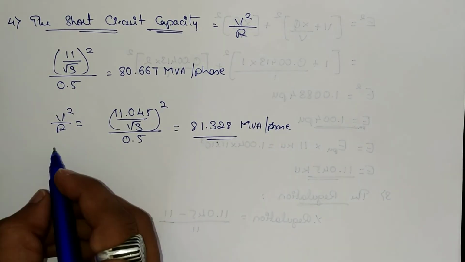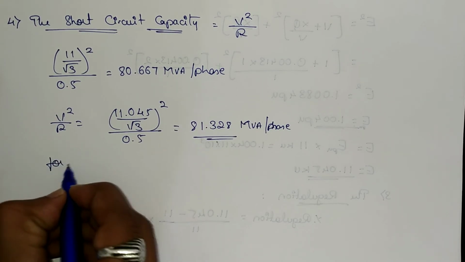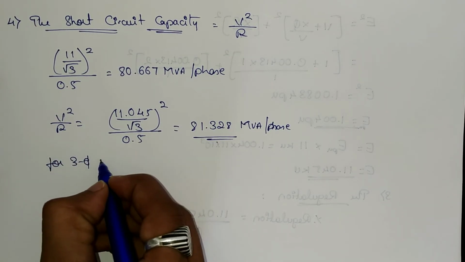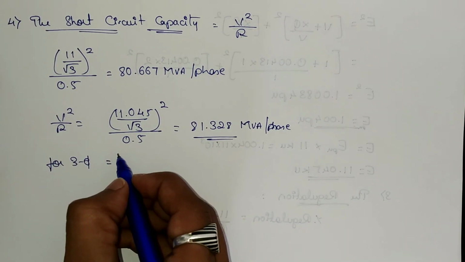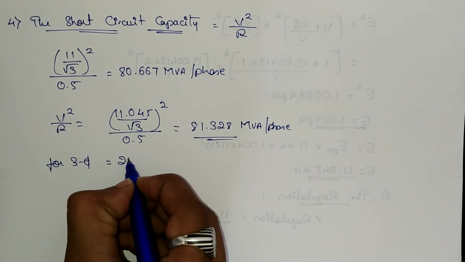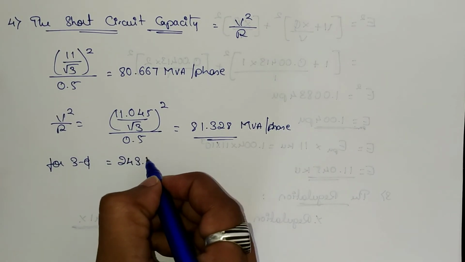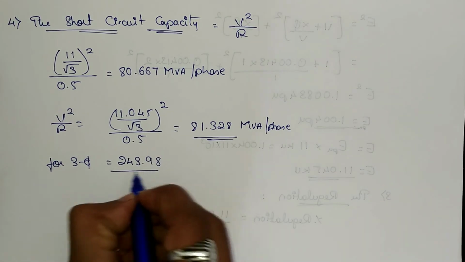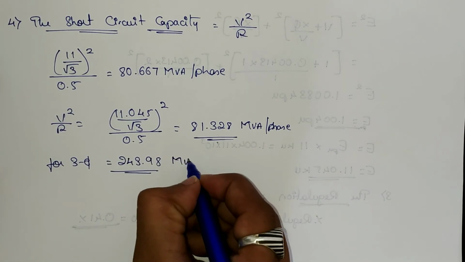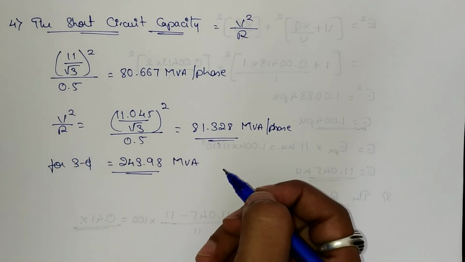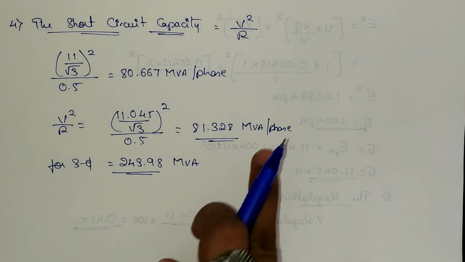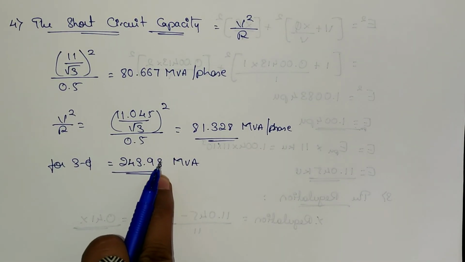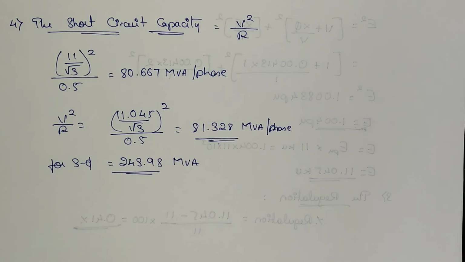This is per phase. For 3 phase, the short circuit capacity would be 243.98 MVA. Okay, this is for per phase and this is for the 3-phase system. This is the solution for the problem.